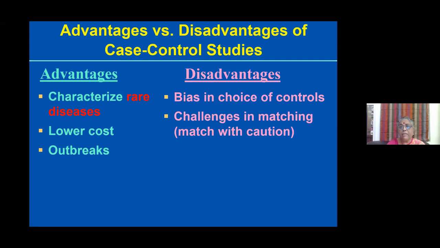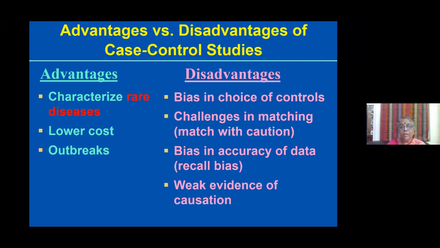There is bias in accuracy of data, recall bias. As I told you earlier, we all know that even if we are asked to document our history of taking coffee or tea in the past 1 week per day, we will not be able to do it with accuracy. And therefore, there is weak evidence of causation.